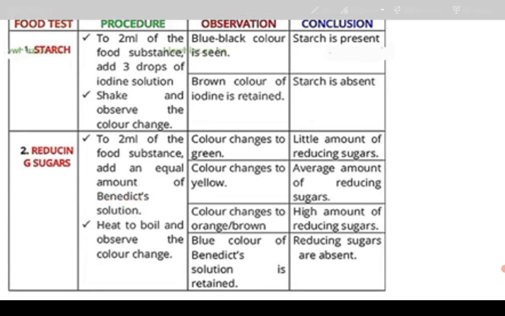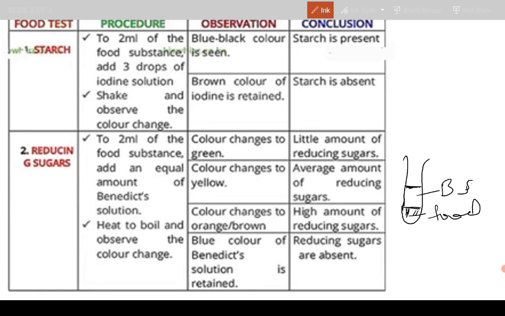Let's suppose that you have your food sample in a test tube like this, and maybe it is a quarter of the test tube containing the food sample. That means you need to add an equal amount of Benedict's solution, which will make it half. So this is Benedict's solution.